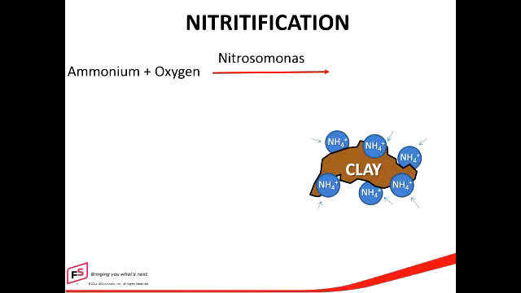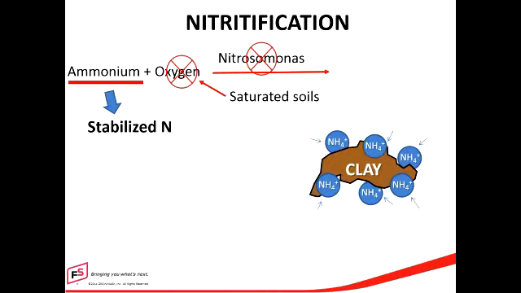Now, when we think of that environment, let's just say, for example, we don't have oxygen. Let's say we put on anhydrous ammonia and within about 7 to 10 days it starts raining, and it rains for 2.5 weeks. Have we lost our nitrogen? Well, without oxygen, we don't have activity of Nitrosomonas. And as a result of that saturated soil, as long as we don't have a lot of water moving through the profile, we actually have a stable form of nitrogen, which is ammonium.